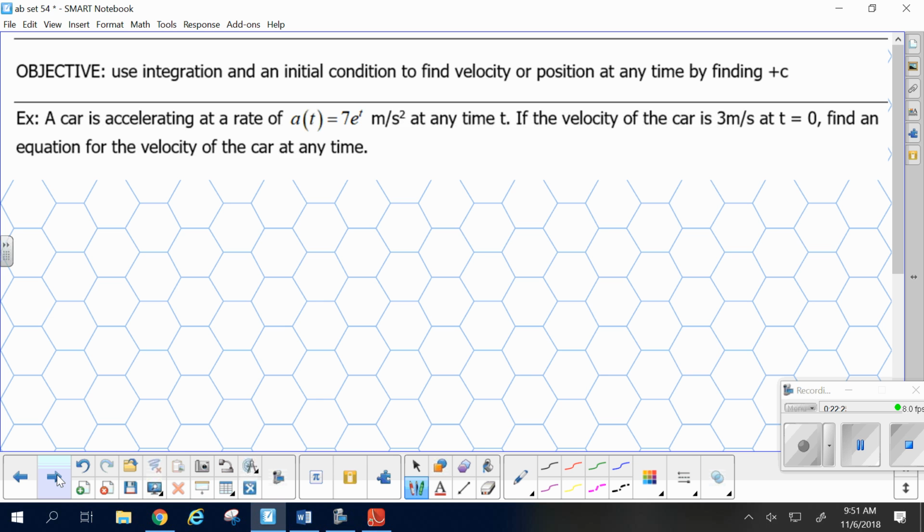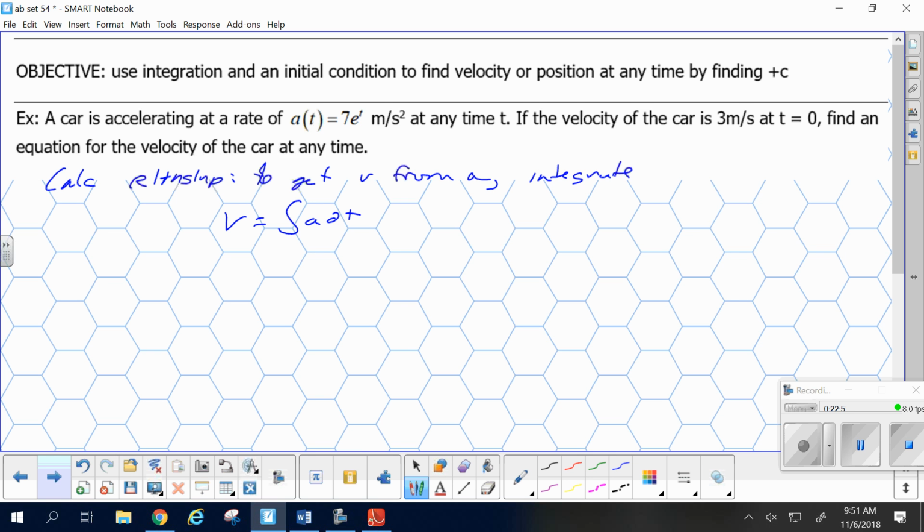All right, so let's start with the calculus relationship. How do I get velocity from acceleration? You integrate it, okay? So velocity is the antiderivative of acceleration. The first thing you do is say, do I take the derivative or do I take the antiderivative?